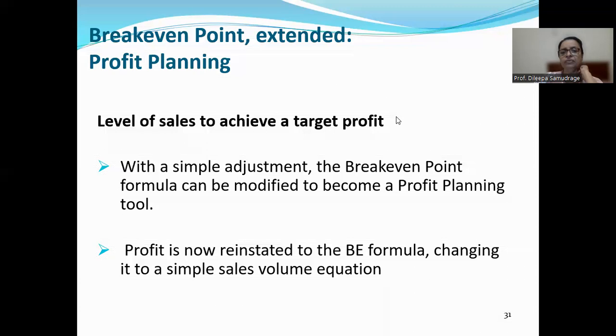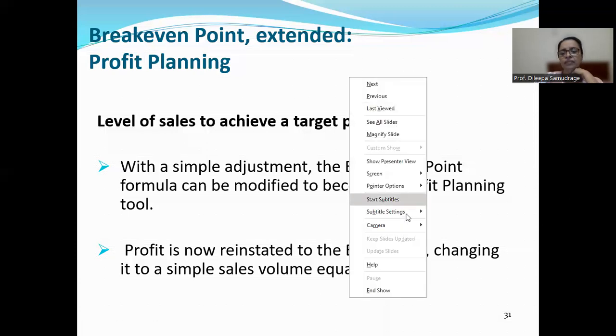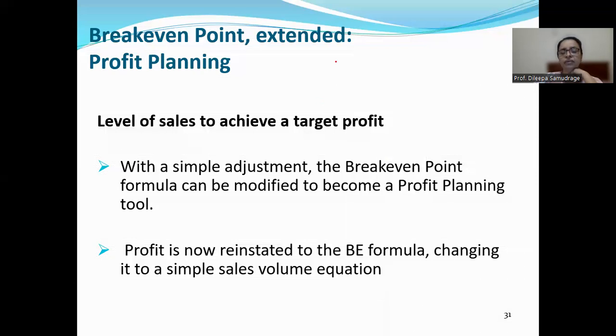Now you know your profit equation, right? So let's write your profit equation. Your profit equals contribution per unit into quantity. So this is your total contribution. From this, you deduct your fixed cost, right?